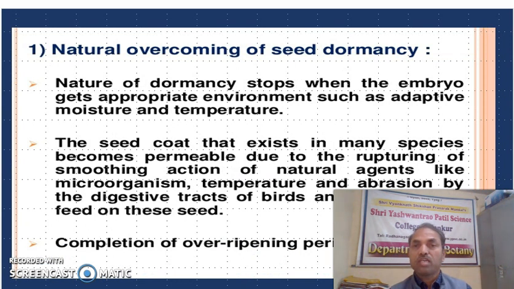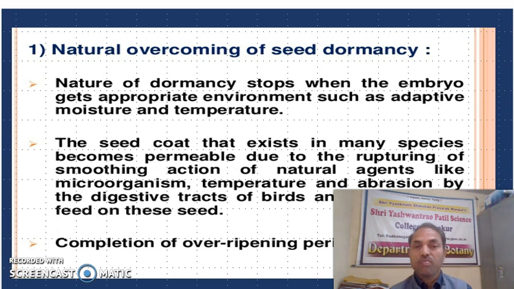Natural overcoming of seed dormancy. Dormancy stops when the embryo gets an appropriate environment such as adequate moisture and temperature. The seed coat that exists in many species becomes permeable due to the rupturing or softening action of natural agents like microorganisms, temperature, and abrasion by the digestive tracts of the birds and animals that feed on these seeds.